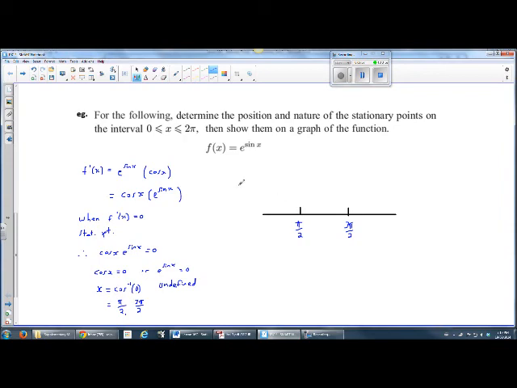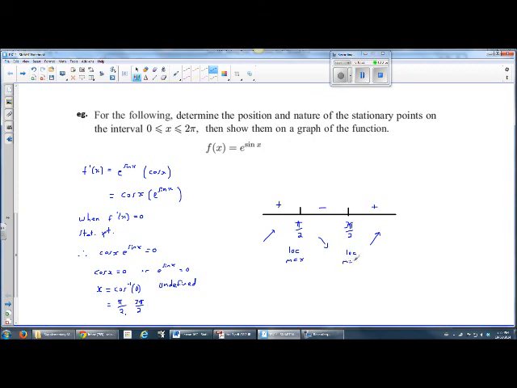I realize that this would be a positive, meaning that the graph is increasing. Then if I substitute in a value between pi by 2 and 3 pi by 2, like pi, I get a negative. Therefore, the graph is decreasing. And when I substitute in a value greater than 3 pi by 2, we see that, again, it is positive, thus increasing. Therefore, we have a local maximum at pi by 2 and a local minimum at 3 pi by 2.